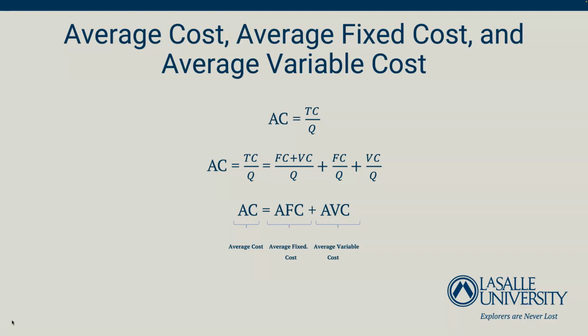And since total cost is equal to fixed costs plus variable costs, we can use that in the formula to note that average cost is also equal to average fixed costs, or fixed cost divided by Q, plus average variable cost, or the total variable cost of production divided by Q. So just keep that in mind for later, because it will be useful when we talk about profit maximization or cost maximization for a clinic or hospital.